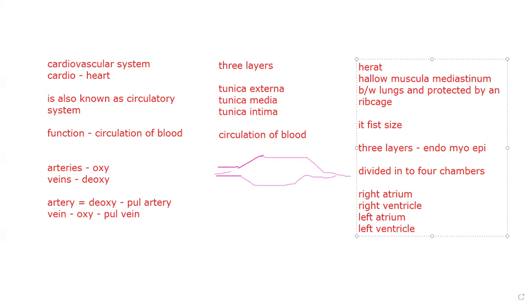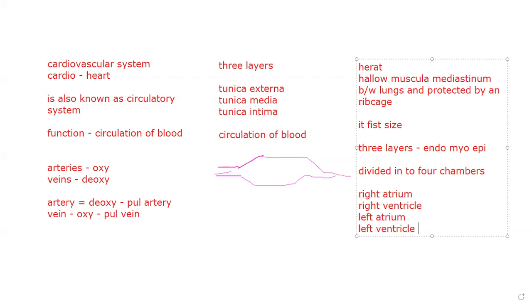So from the interview point of view, if they ask about the cardiovascular system, first of all, you can say it is also known as the circulatory system, and the function is circulation of the blood. It consists of arteries and veins, and you can say what type of blood is carried by arteries and veins. After that, you can tell that these arteries and veins are covered by 3 layers, and you can tell the names of the 3 layers.